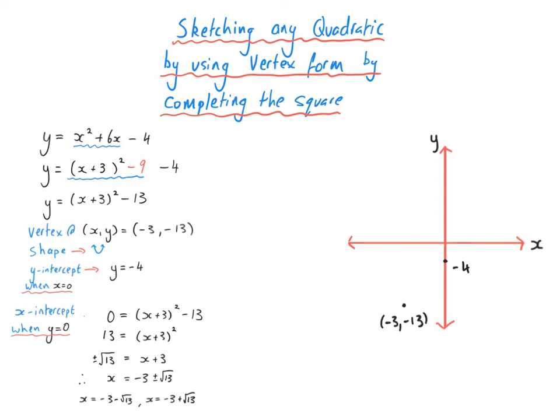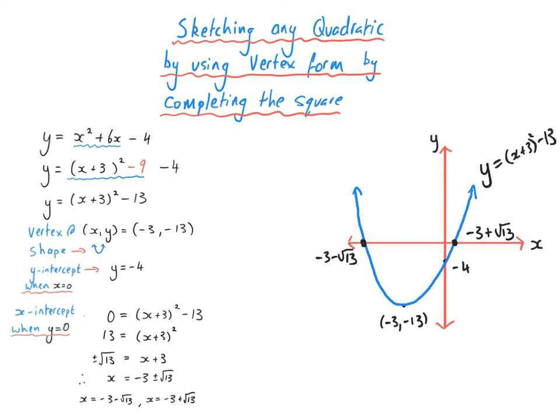Before I do so though, I'm going to sketch in my quadratic. So there's the complete sketch. But one nice thing here, if I draw in the line of symmetry, well then my x-intercepts should be an equal distance from this line of symmetry, which is x equals minus 3.